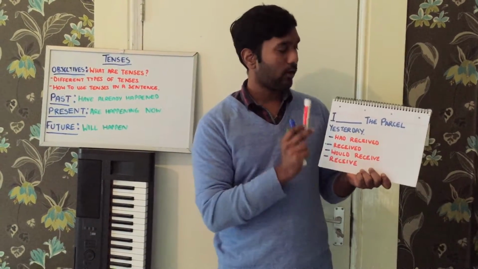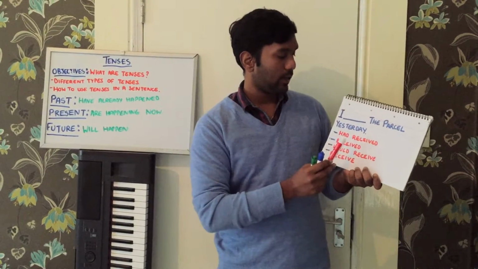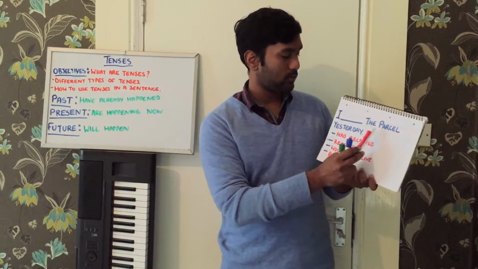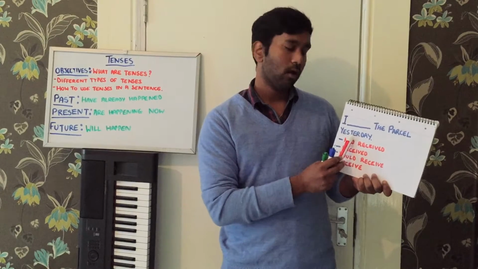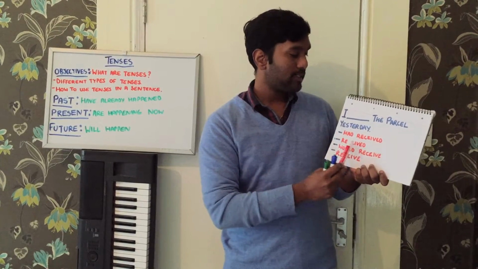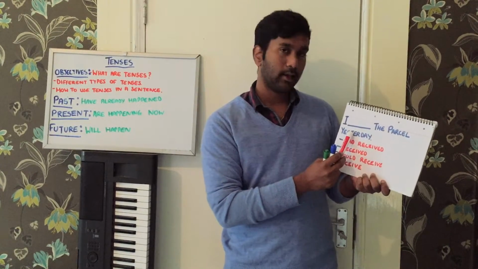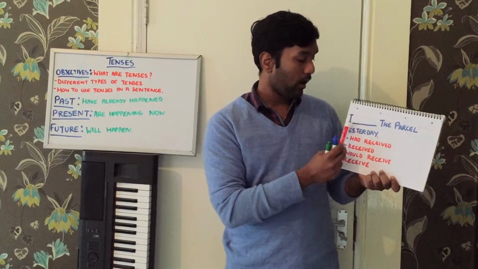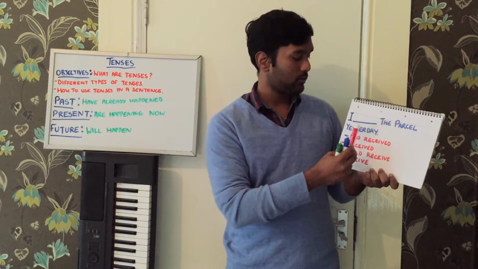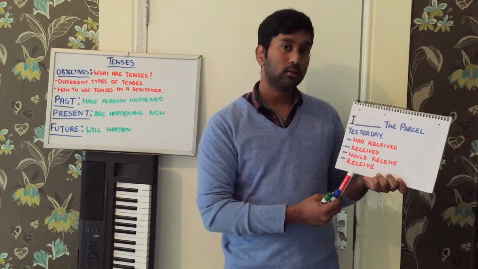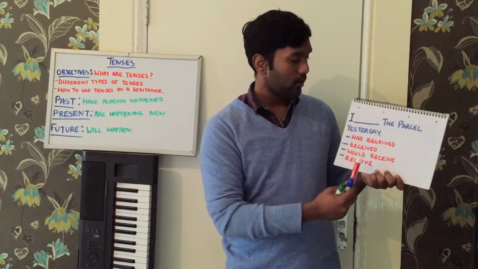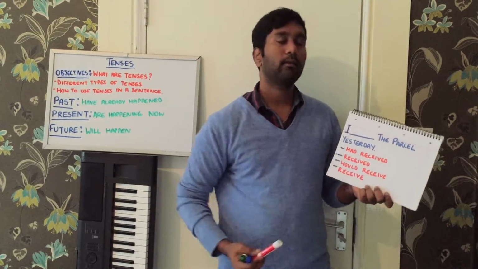So let's try it again. I had received the parcel yesterday, or I received the parcel yesterday, or I would receive the parcel yesterday. And the last option is I received the parcel yesterday.